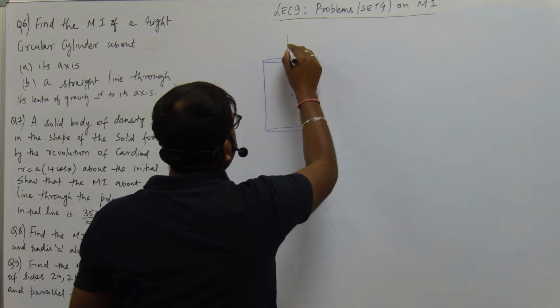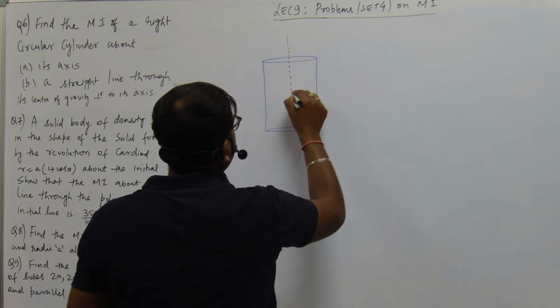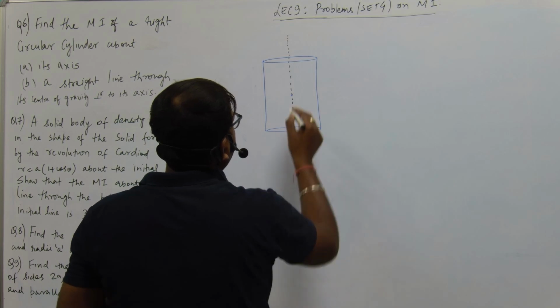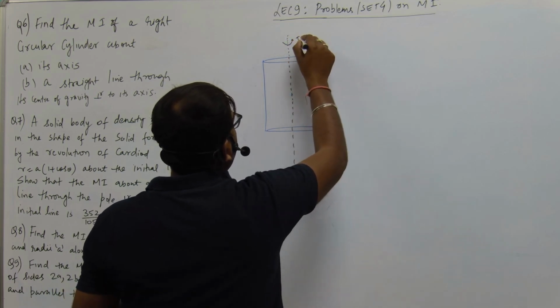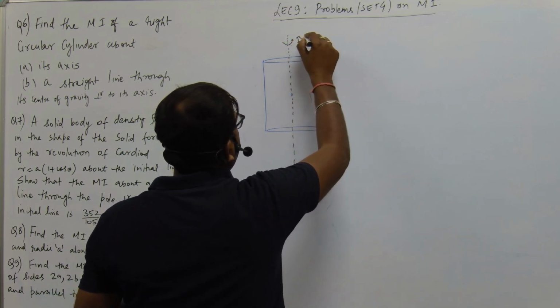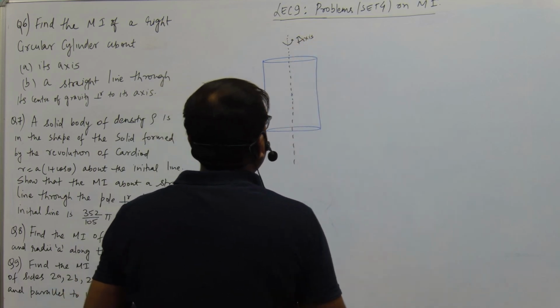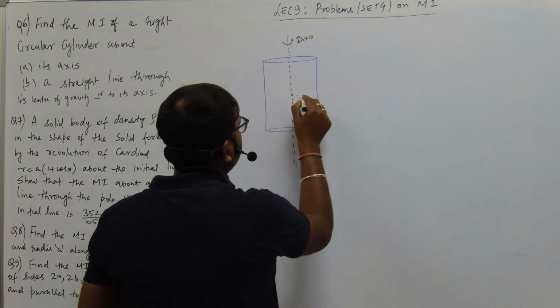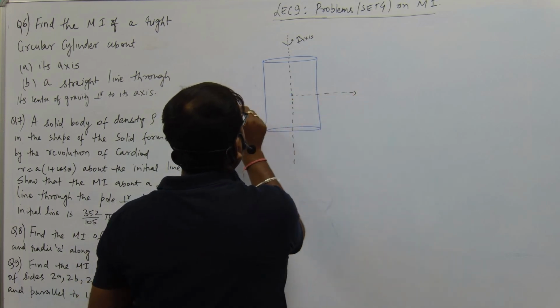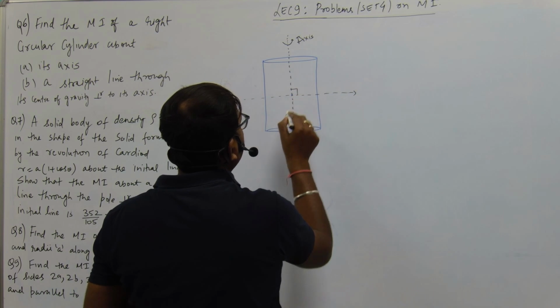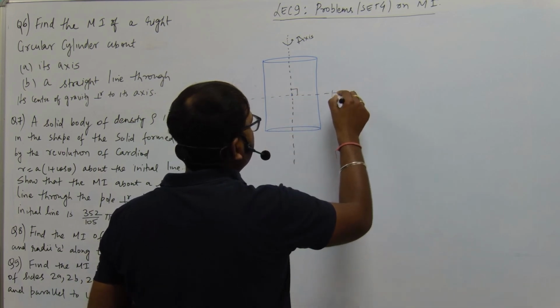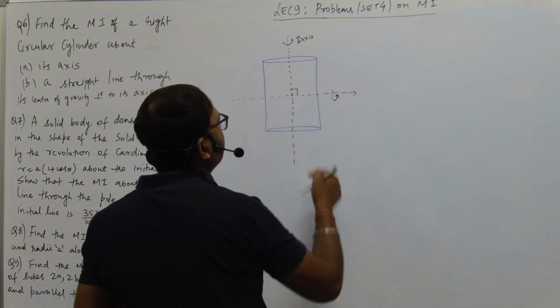So this is our axis, the axis of the cylinder, and the straight line that is perpendicular to its axis is this one. So this axis is perpendicular to the axis of the cylinder.